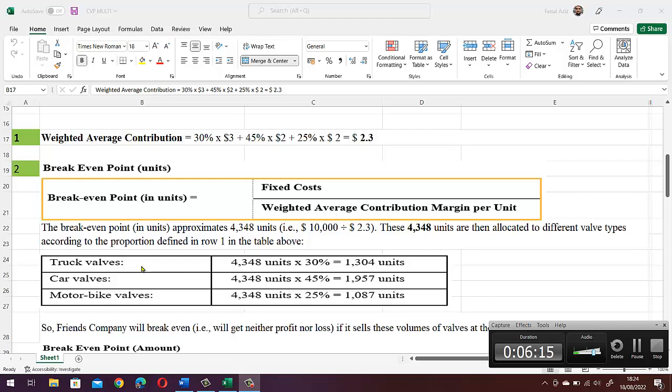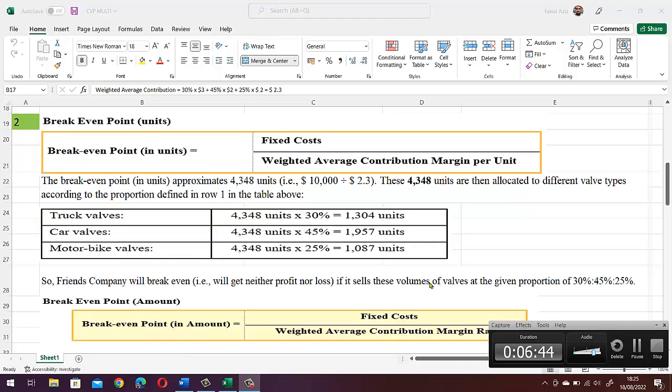For example, if we want to calculate for truck valves, we need to multiply 4,348 by its given weightage. It will give us 1,304 units. And similarly for cars, we need to multiply the same number with the given weightage of 45%. It will give us 1,957. And similarly for motorbikes, we'll do the same to get 1,087 units.